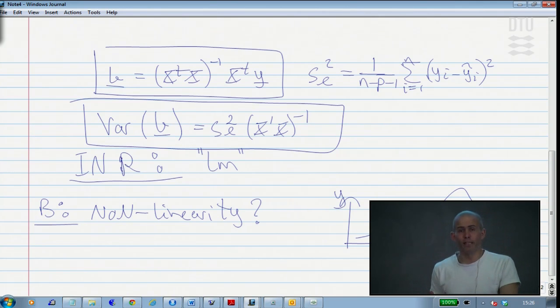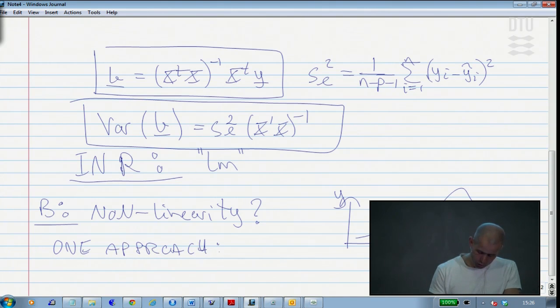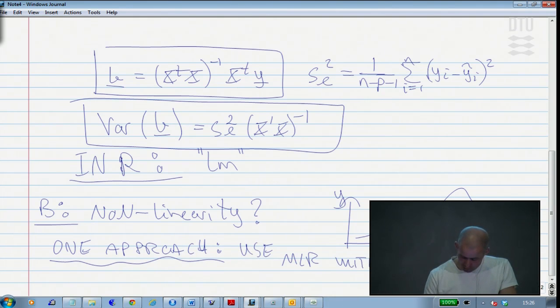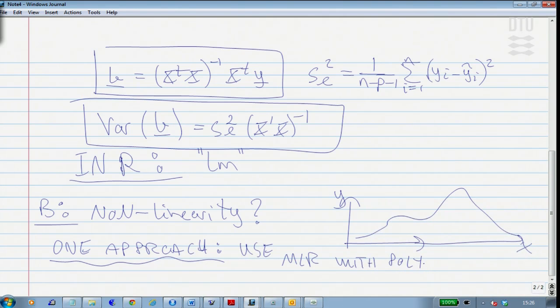Could we estimate this? Yes, we can. One approach would be to use what I've just taught you about multiple linear regression, which is to use MLR with polynomials.